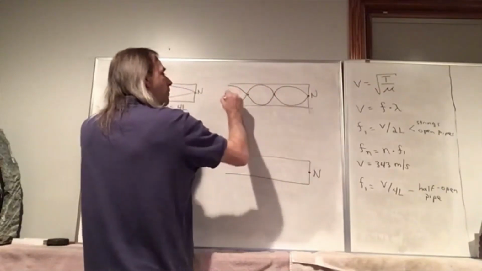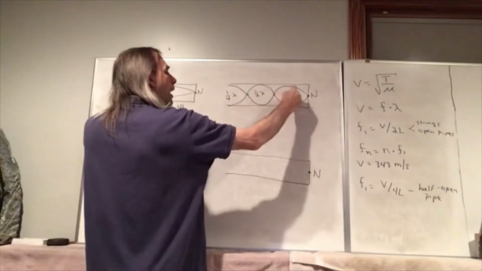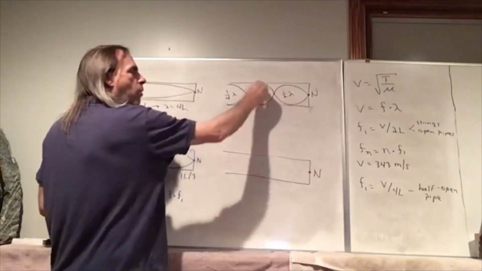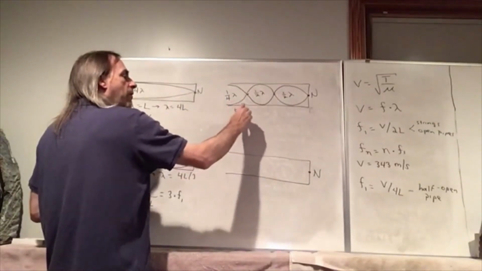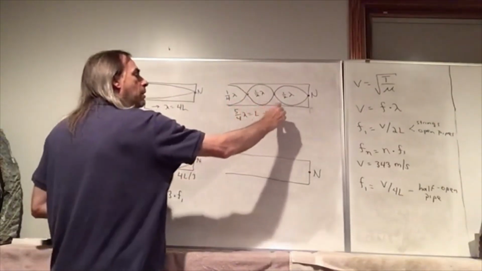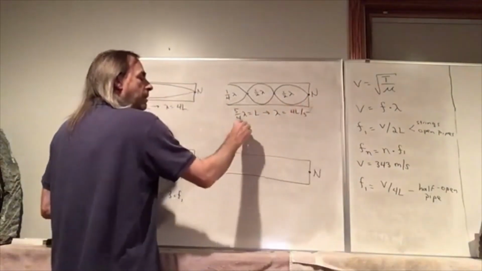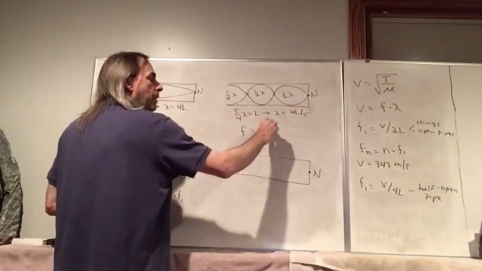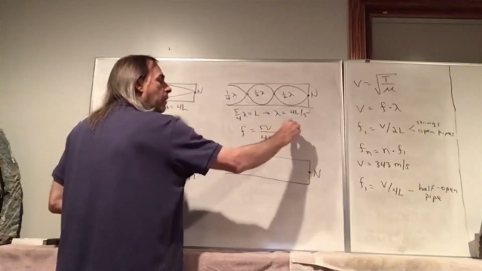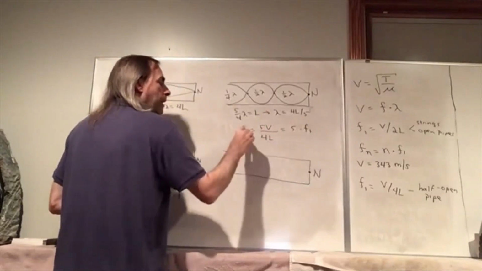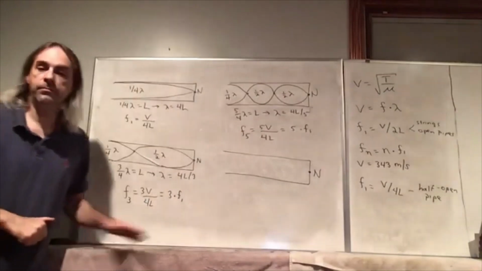So here we have a quarter, here's a half, and a half. Let's say 2 over 4, 2 over 4, 1 over 4, 5 over 4 lambda equals L. So lambda is 4L over 5. So the frequency here is V over 4L over 5, or 5 times F1. So we call this the fifth harmonic.